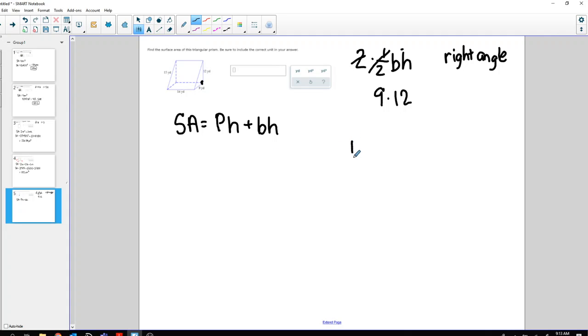Now the perimeter of my triangle is all the way around the outside, so I have 15 plus 9 plus 12, which is 36.